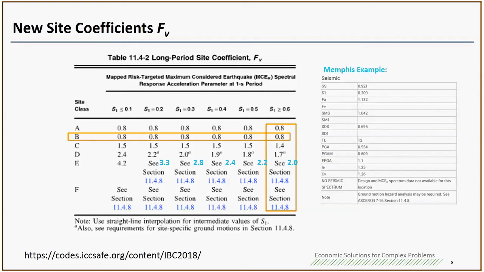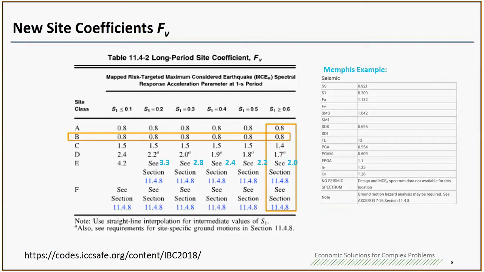So let's use the Memphis example. You have the S1 value of 0.309. So that's in this range, greater than 0.3, less than 0.4. So theoretically, you can do the linear interpolation to get Fv, but you cannot do that.